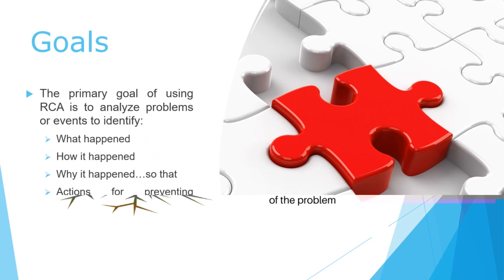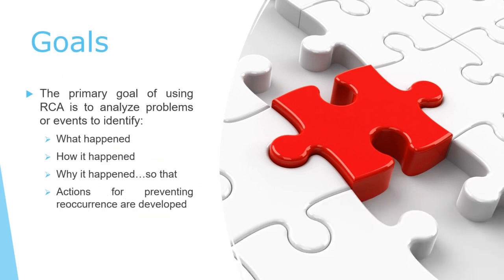The goal of root cause analysis is to analyze problems or events to identify what exactly happened, how it happened, why it happened, so that actions for preventing its reoccurrence can be developed.